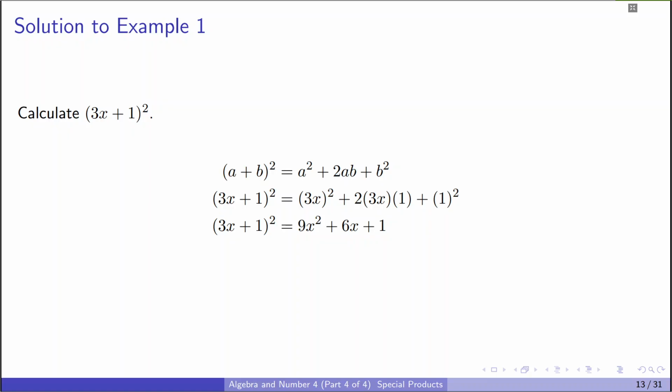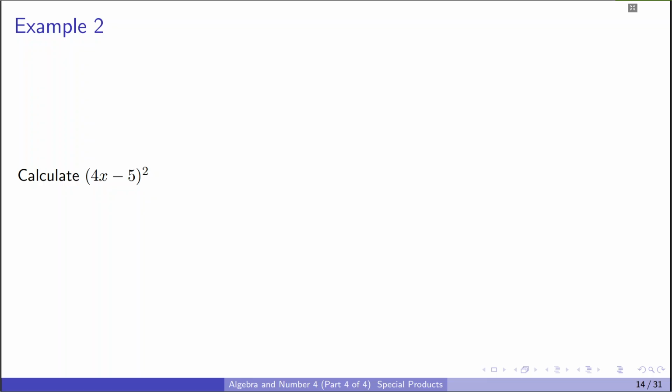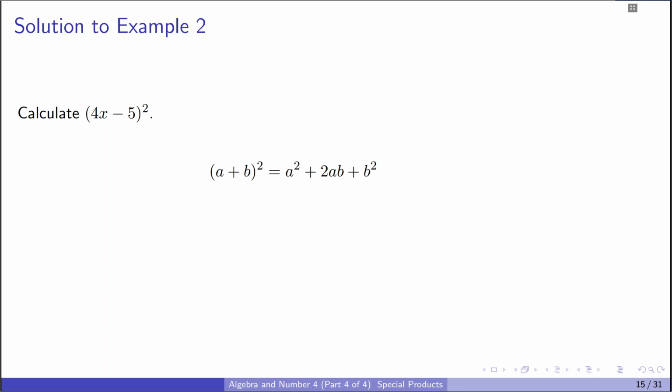First example done. Our second, don't be fooled by the minus sign here. This is not a difference of perfect squares. This is the product of perfect squares where one of our terms just happens to be negative. Working this one out, again following our pattern, a is 4x. b is negative 5.